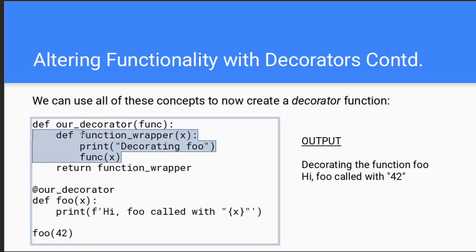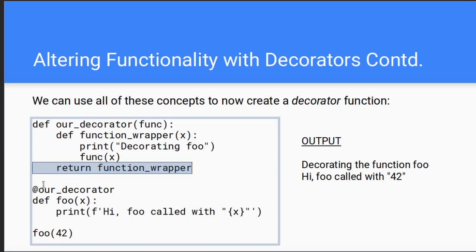There's our function wrapper. So when we call our decorator, we're going to get back this function reference. We're not calling it here. There's no parentheses on the end here. So we're not calling it. Our decorator merely returns the reference to our function wrapper.